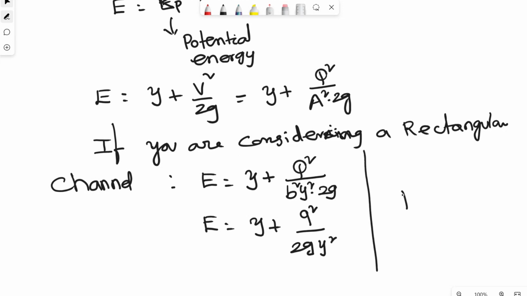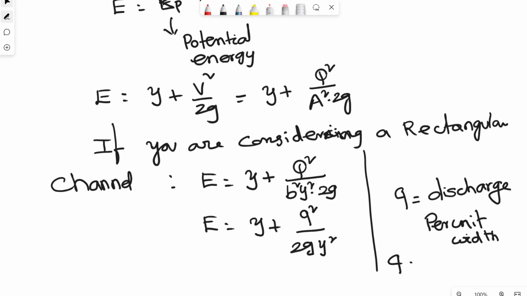What is small q? Small q is discharge per unit width. This is also one notation, nothing beyond that. And q is equal to Q by B. Discharge divided by width is equal to small q.